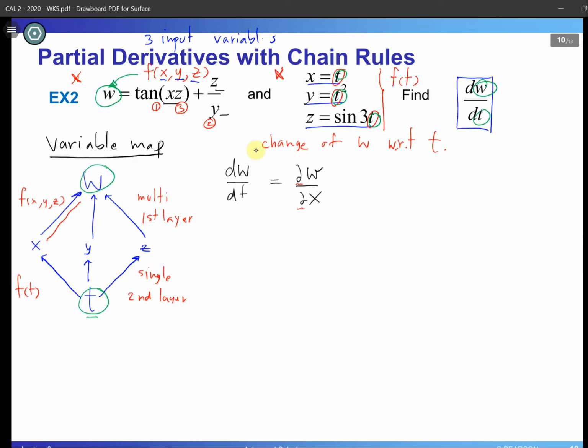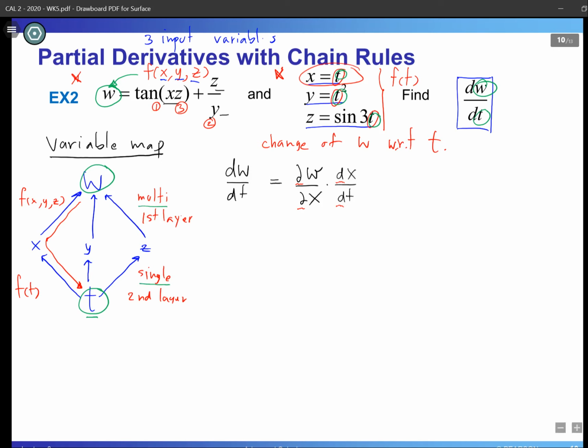Alright, and then I continue from this path to T. Change of X with respect to T, and it's going to be dx by dt. The reason that I use regular differentiation here is because we are working with X, which is a single variable function. Before we worked with multi-variable. Alright, so don't get confused about the difference of these signs.